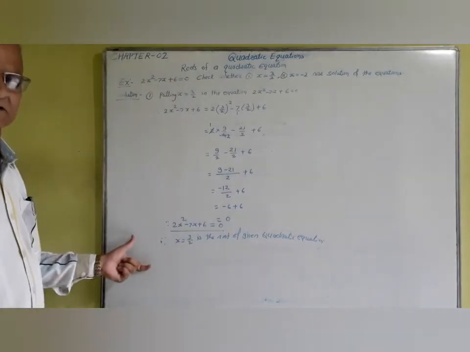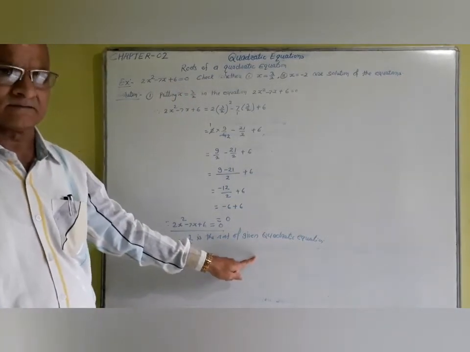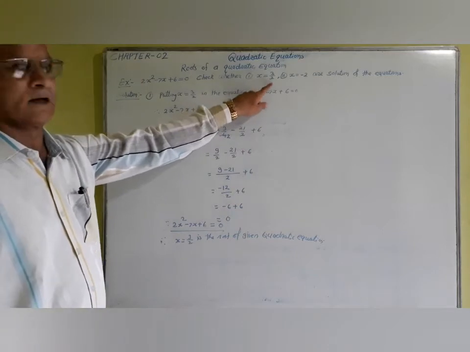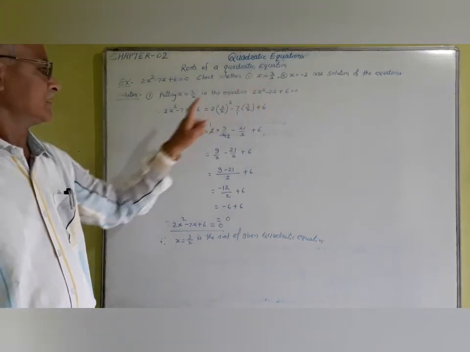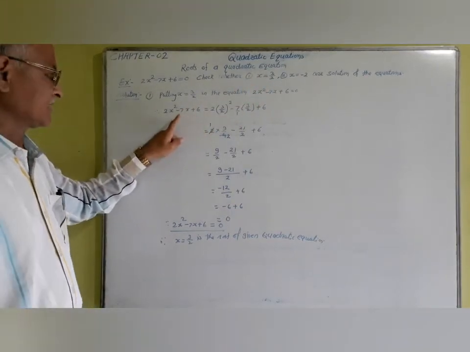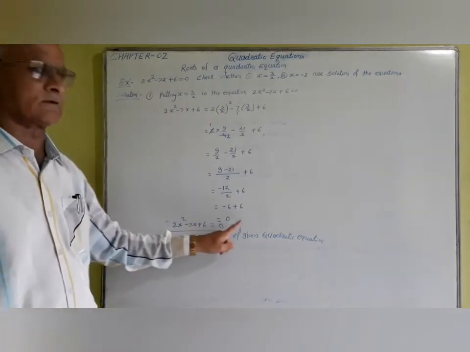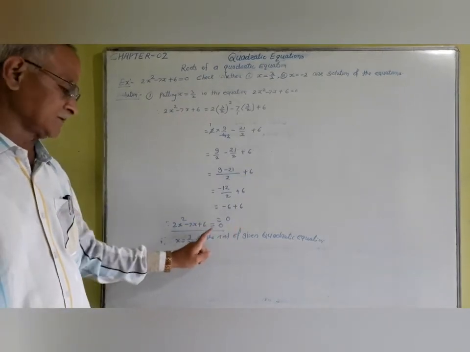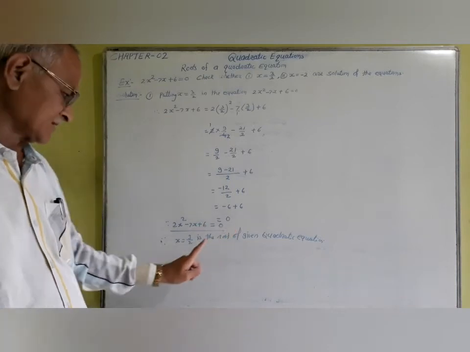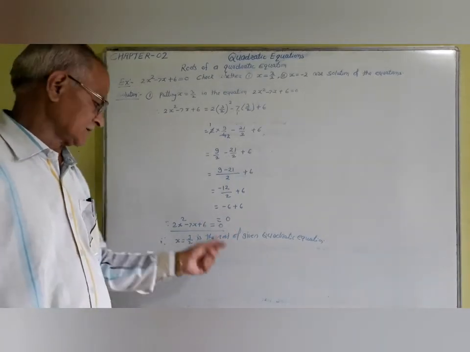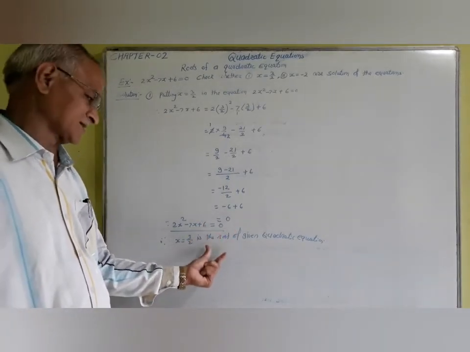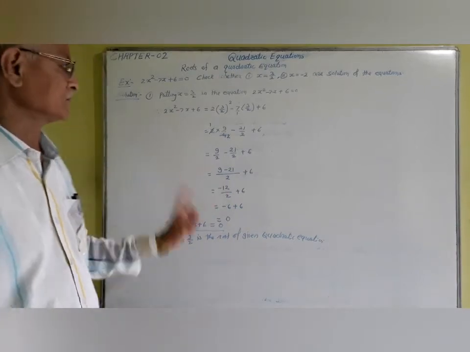How do we decide it? It is a root of the given quadratic equation. We have to substitute the given value in the quadratic equation. If the left hand side becomes equal to the right hand side, then we say that it is a root. If they do not become equal, then we say that it is not the root.